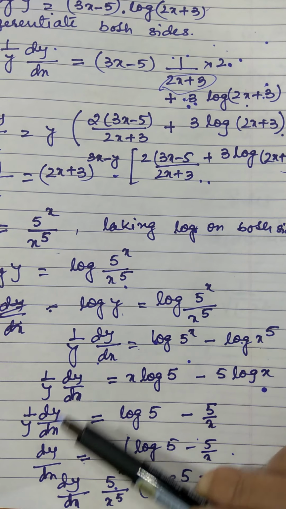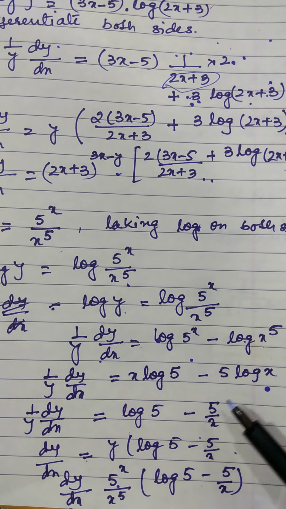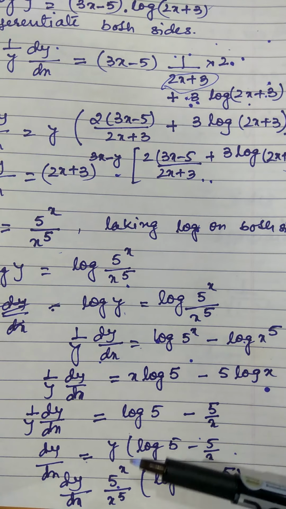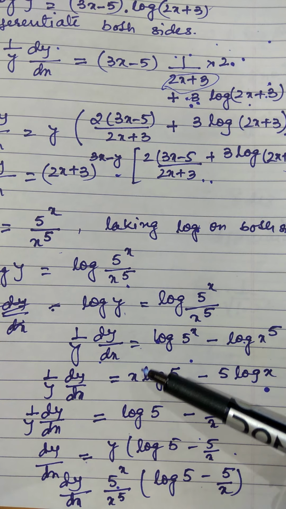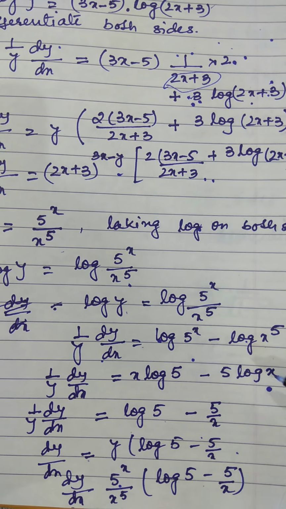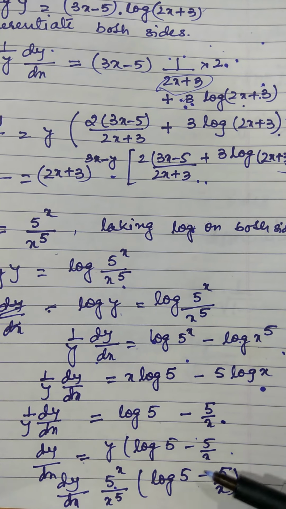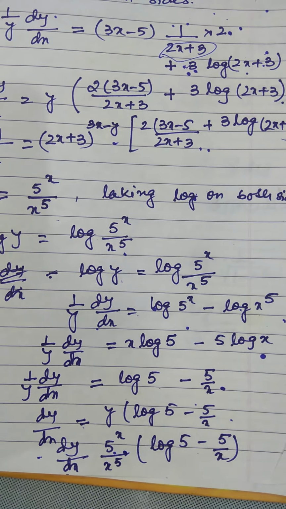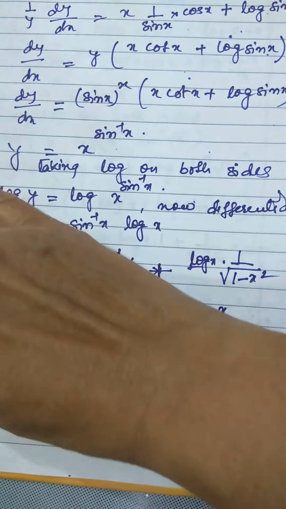Differentiate: 1 upon y dy by dx is equal to x log 5 minus 5 log x. First function, this is constant, and the derivative of x is 1. Minus, this is 5 log x, so this is 5 upon x. Now cross multiply y to this side. This is log 5 minus 5 upon x.